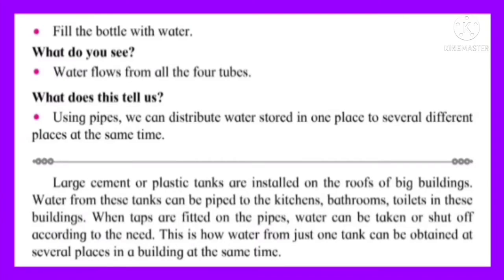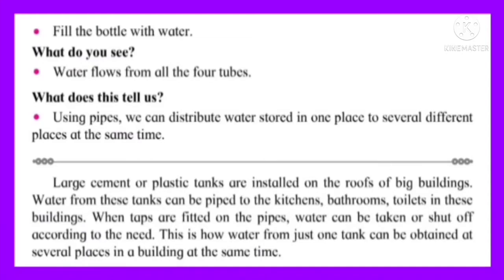Now, large cement or plastic tanks are also installed. That means they are put on the roof of a building. Now, why is it done so? Because when they put it on the building top, there are tanks which are connected with pipes, and these pipes move into each house.